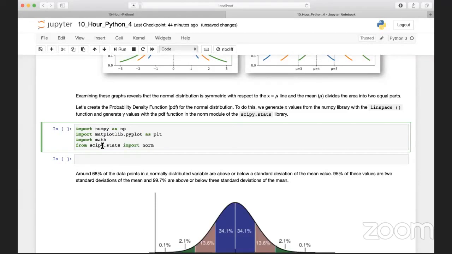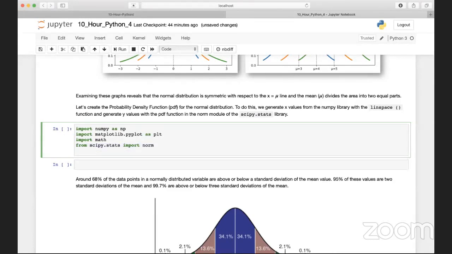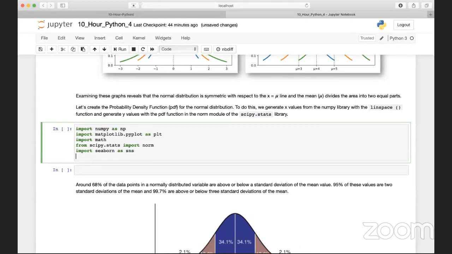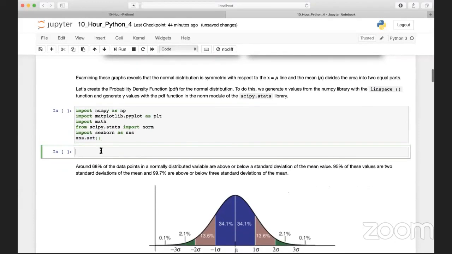I'm going to use this to derive the probability density function of the data. Import seaborn, another library that we discussed in the previous session. If you do sns.set, even if you use matplotlib, you use the background of Seaborn, which is more fancy, okay?